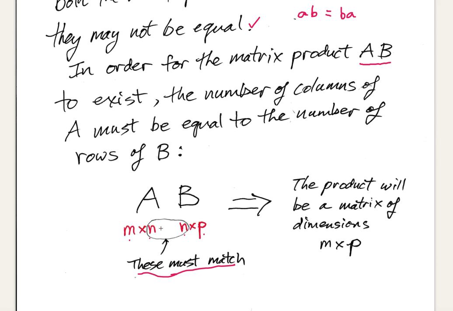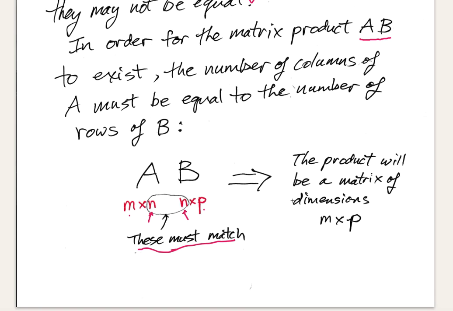So this is just what I said above. The number of columns of A, which is indicated in this case by n, has to be equal to the number of rows of the matrix on the right, which we are calling in this case B, and the number of rows there must be n also. So these have to match.